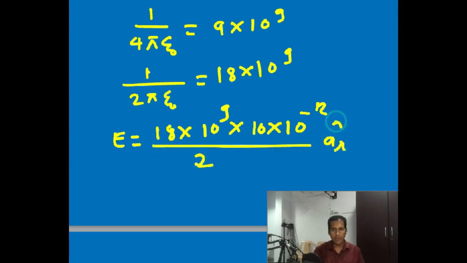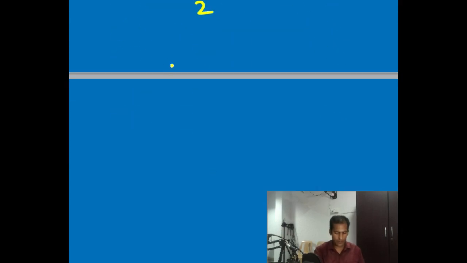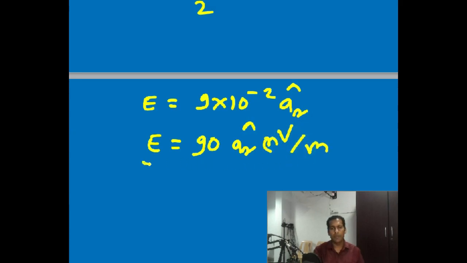The direction is AR cap. So if we solve this, we will get E equal to 9 into 10 to the power minus 2 into the direction of radius. So this is nothing but E equal to 19 AR cap millivolts per meter. This is the required value of electric field intensity.